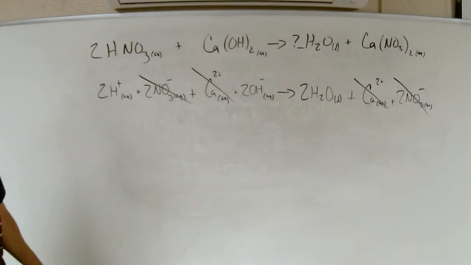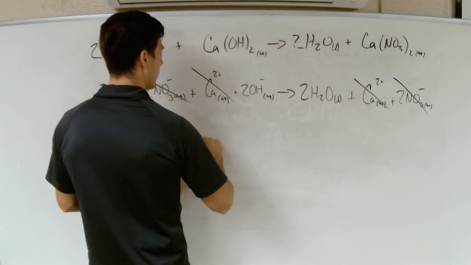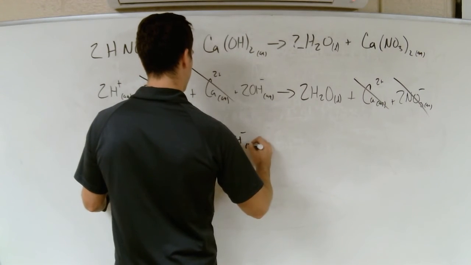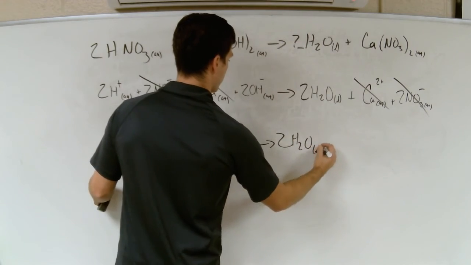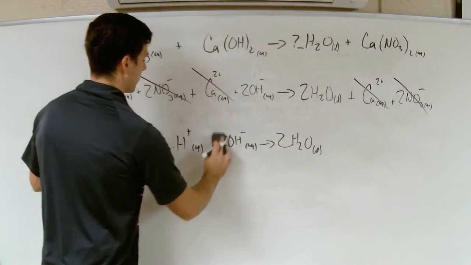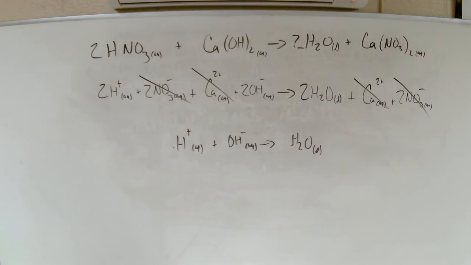And we are left with 2H plus AQ plus 2OH minus AQ and 2H2O liquid, which when we reduce, we just get rid of those 2's. Right? So that's our net ionic equation.